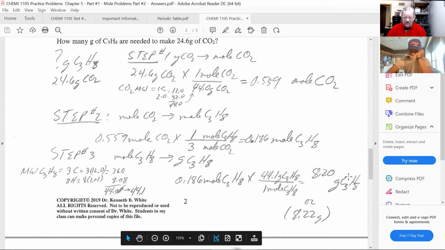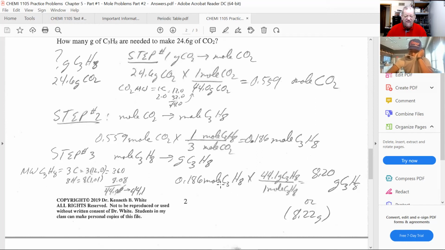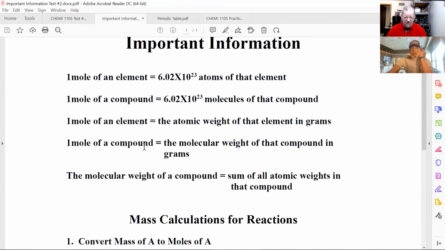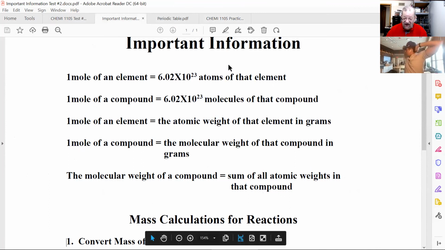Use unit analysis: grams of propane, C3H8, goes on top, moles of C3H8 go underneath. Where do I get this relationship? Well, in case you forgot, 1 mole of a compound equals the molecular weight of that compound in grams, and the molecular weight of that compound is the sum of all atomic weights in grams.